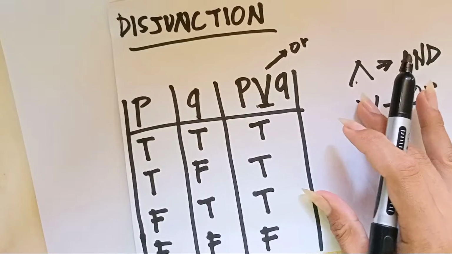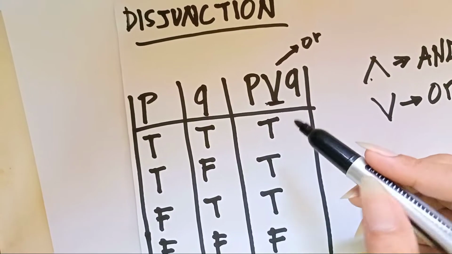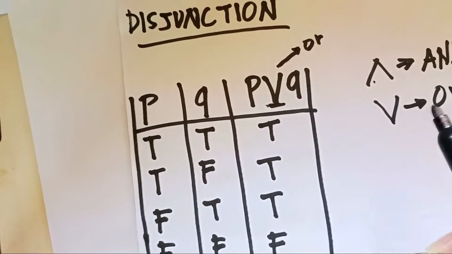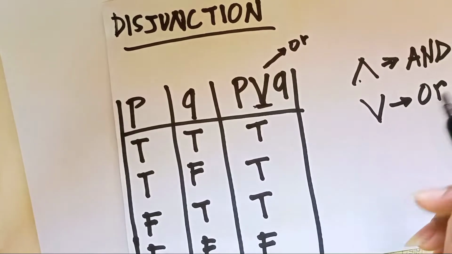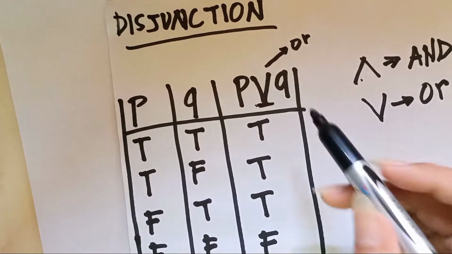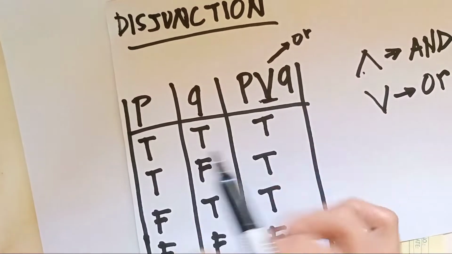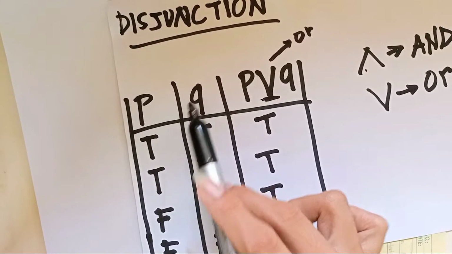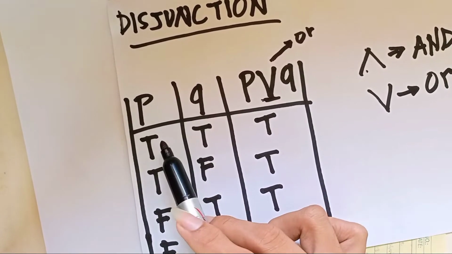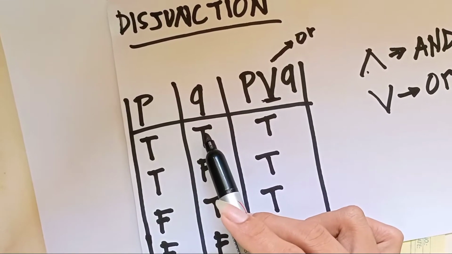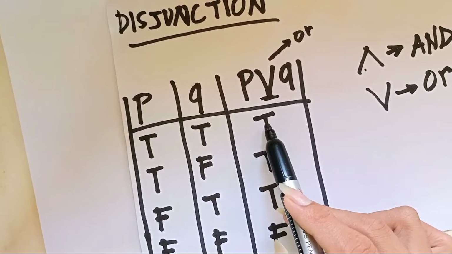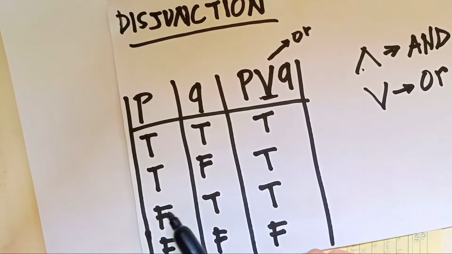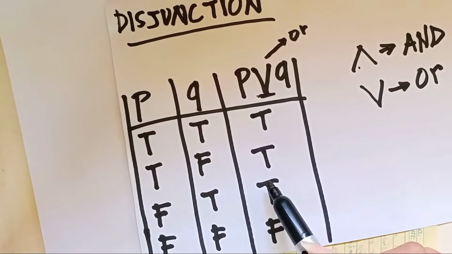The rule of disjunction is if the statement has at least one true, then the whole statement is true. Here is the example. First, the statement P and Q. P is true, then true, so it is true. True, false, so it is true. False, true, so it is true.